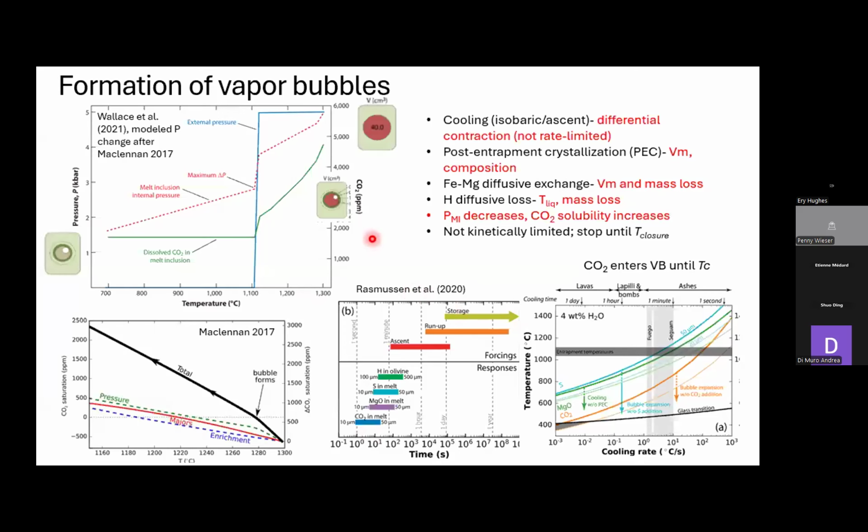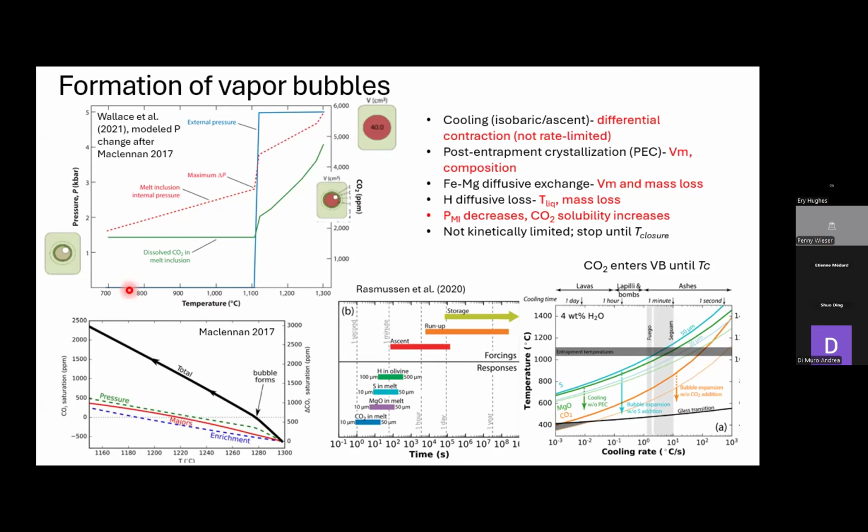So this process is not kinetically limited, and it only stops when the temperature drops to the CO2 closure temperature, where it is too low for CO2 to move. This temperature is a function of cooling rate, but overall it is higher than the glass transition temperature. That means after CO2 stops entering, the vapor bubble itself could continue to grow due to expansion, all the way until the temperature is lower than the glass transition temperature, where all the changes stop.